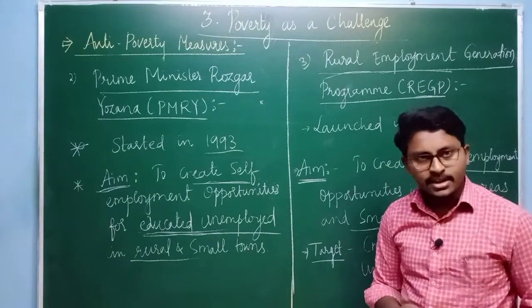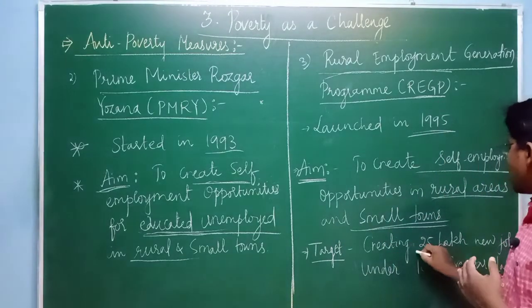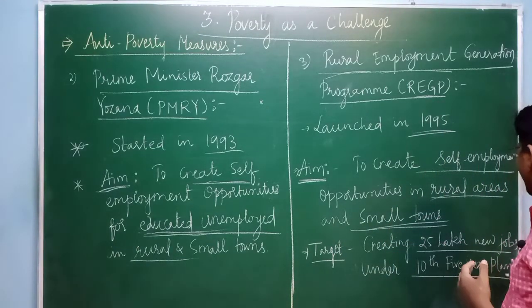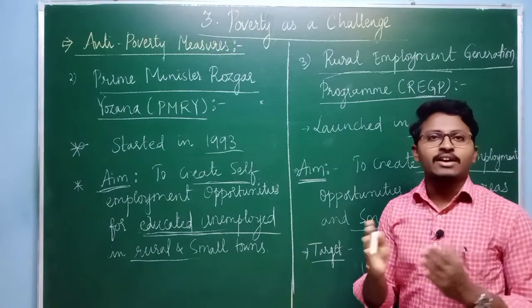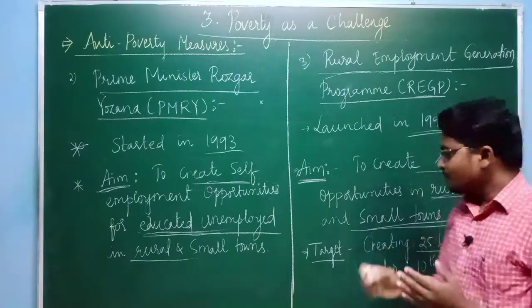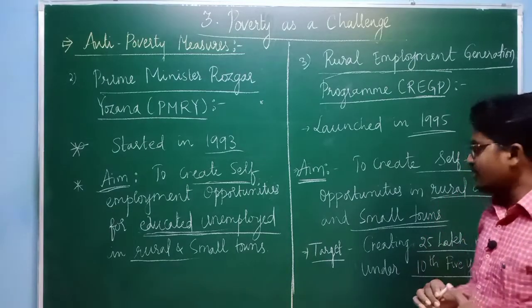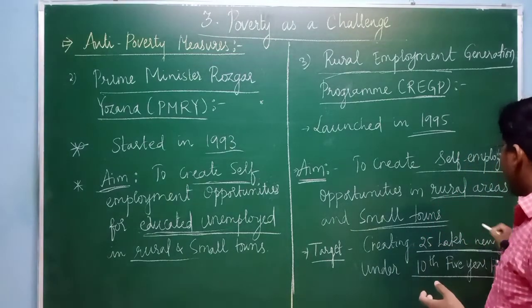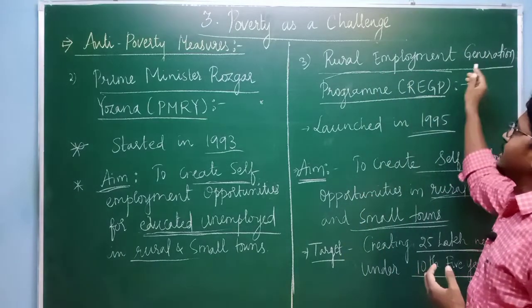Under the scheme the government has set a target of creating 25 lakh new jobs under the 10th 5-year plan. We usually have 5-year plans. That means for every 5 years we have certain targets to be reached. So under this 10th 5-year plan, the government has set a target of creating 25 lakh new jobs under the Rural Employment Generation Program.